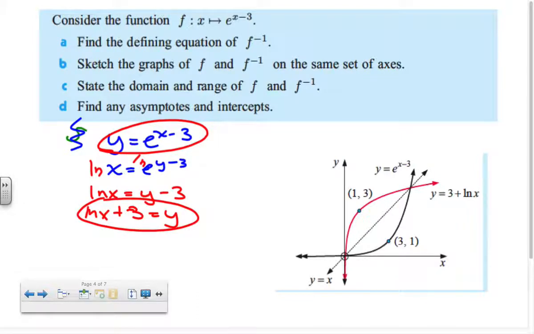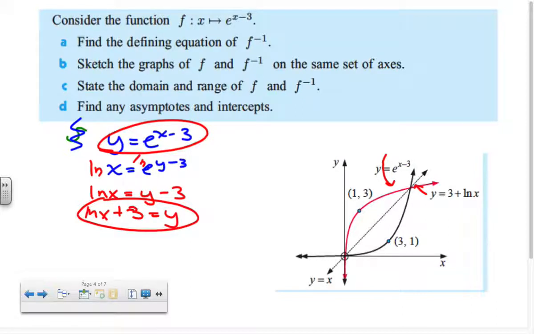So we sketch the graph on the same axes. Again, you can do this in a graphing calculator. Graph them both, and state the domain and range. Let's see which one's which. I'm pretty sure this is this one, and that one is that one.